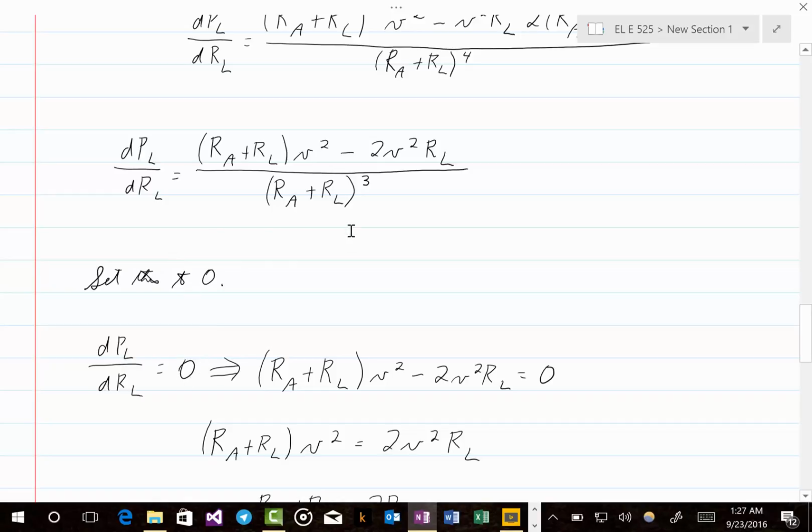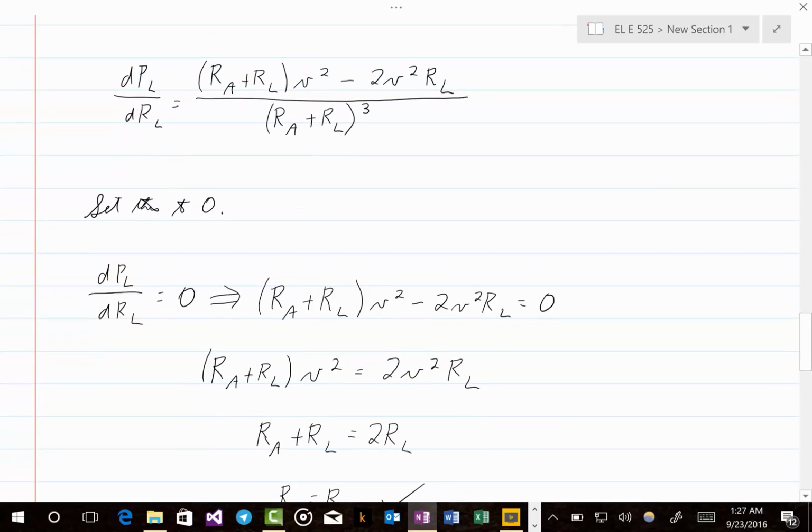And when we set that expression equal to 0, that occurs when the numerator is equal to 0. So we go ahead and write that down. The numerator is RA plus RL times V squared minus 2V squared RL, and we set that equal to 0. Then we bring this term over to the other side of the equation, and we get this.